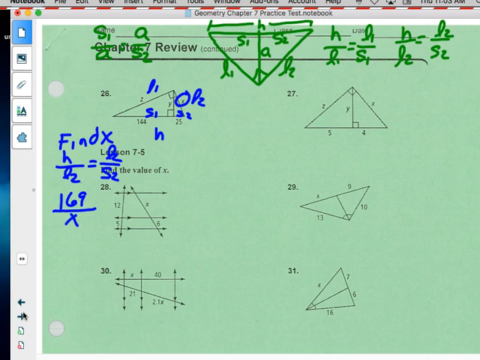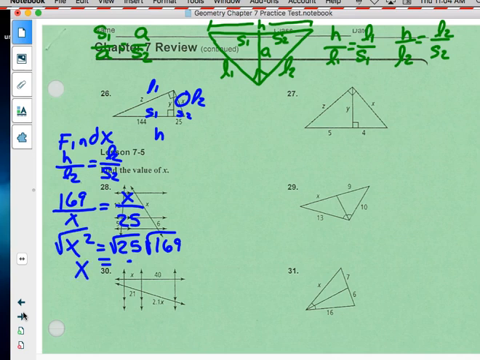L2 is X, and S2 is 25. Now one of the nice things about this is X squared is equal to 25 times 169. Now I'm doing it this way because they are both perfect squares. If I take the square root of everything, X is equal to 5 times 13, and that is X is equal to 65.